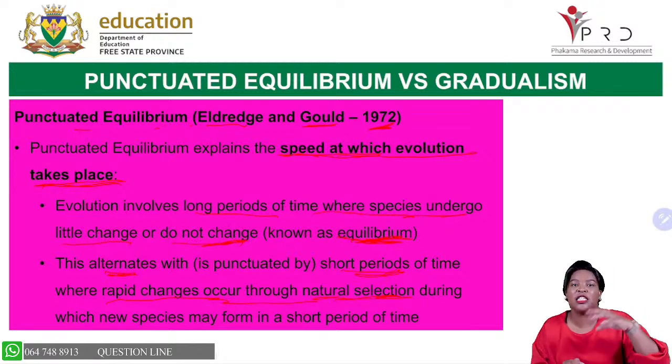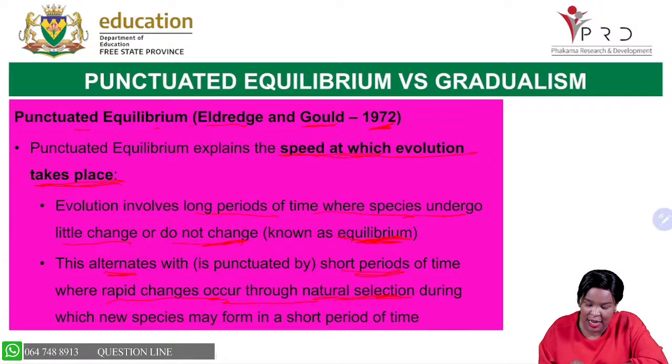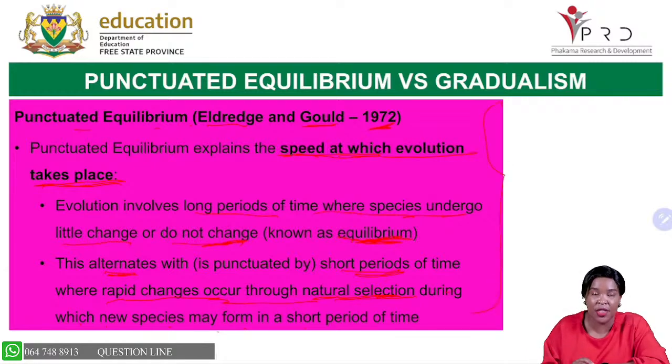So they are not disputing natural selection. They are focusing mainly on time, the speed at which this evolution is taking place. So they will say that there will be long periods where there's no change, followed by short periods of rapid change, of fast change by natural selection, during which new species may form in a short period of time. So theirs is mostly concerned with time and speed.